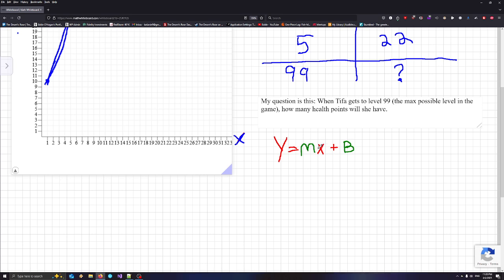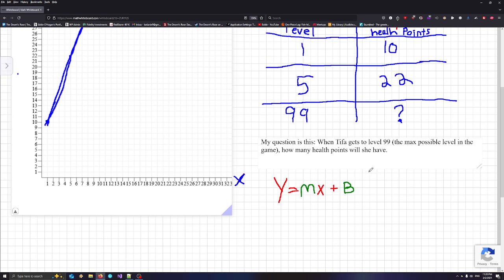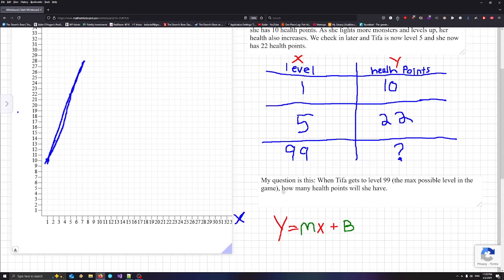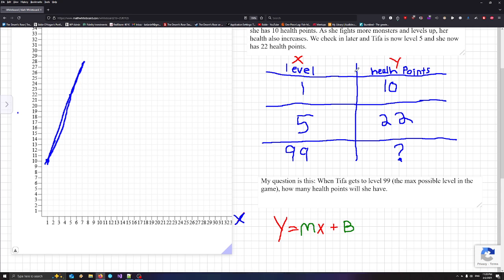And again, when you see it like this, you can imagine this is multiplication, so m times x. M and b are what we're going to first solve for, and then y and x are the values that come from this table.